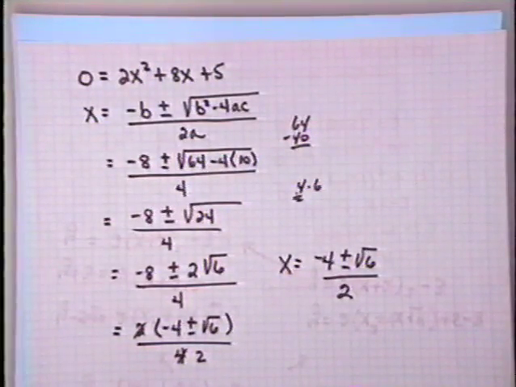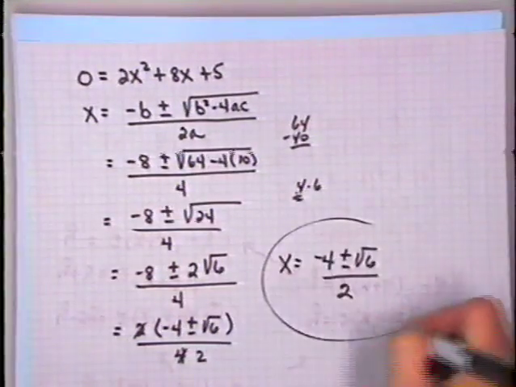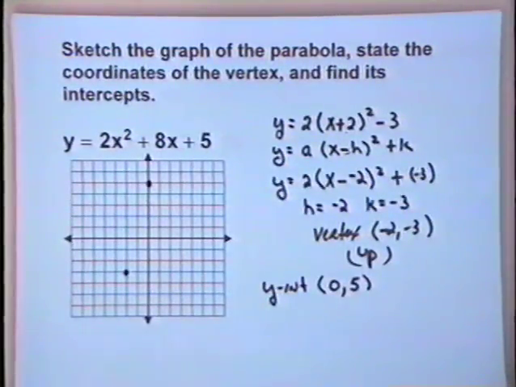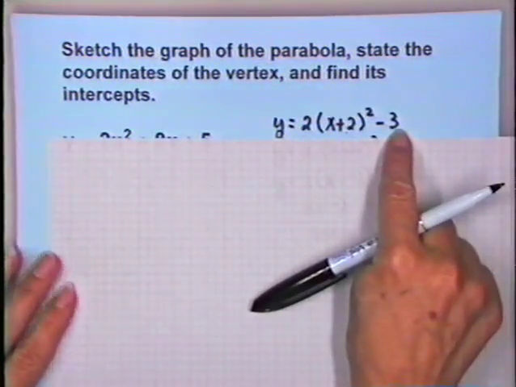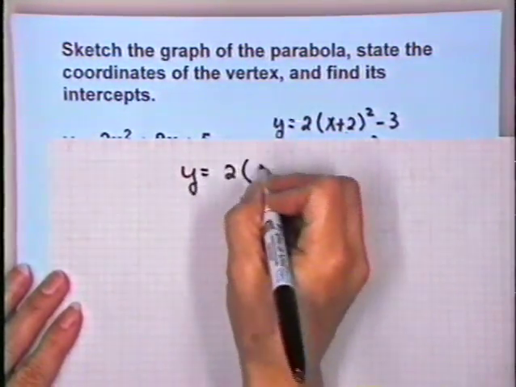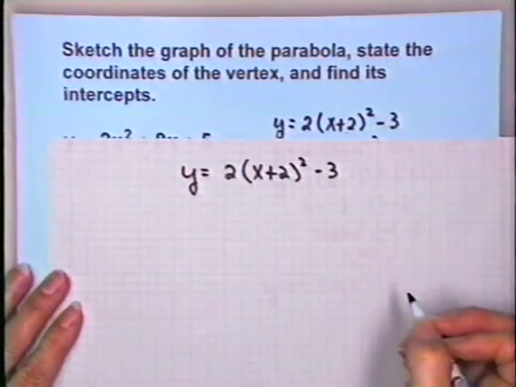What I want to do here is to show you that there's another alternative that you might want to look at. I'm going to save this, and I'll bring this back up in a minute so we can compare our solutions. I want us to go to this standard form that we have our equation in right here. y equals 2 times the quantity x plus 2 squared, subtract 3.